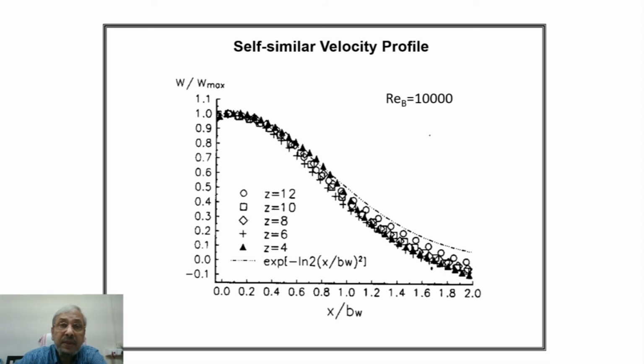And what is a self-similar profile? You have to plot the velocity profile at any height, that means at any distance from the nozzle, or if it's an impinging jet, at any height from the plate on which the jet is impinging.